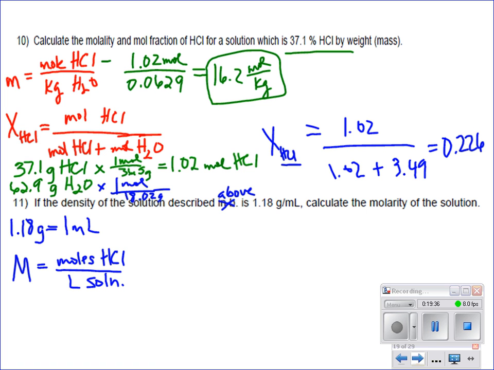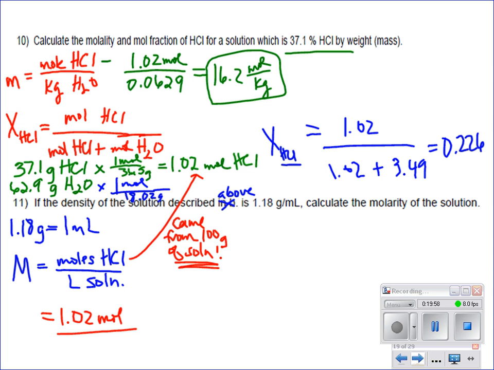Moles of HCl. You need to be really careful here because that many moles of HCl came from how much solution? 100 grams of solution. That's important. So we can go ahead and plug in 1.02 here, but we need to, using the density, convert the 100 grams to liters.